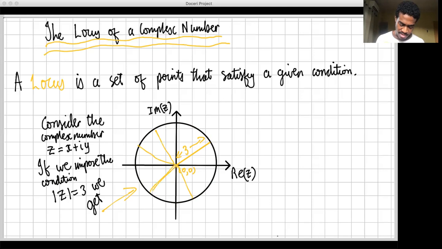All of them combined together would give you the set of points that satisfy the condition. And the condition is the length of those complex numbers is equal to 3. So that is basically the locus, and that's what it is.